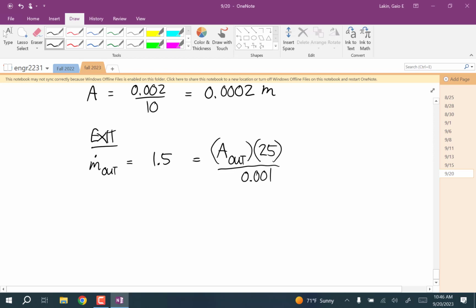And so A out is equal to 0.0015 divided by 25, and that is 6 times 10 to the minus 5th meters squared.